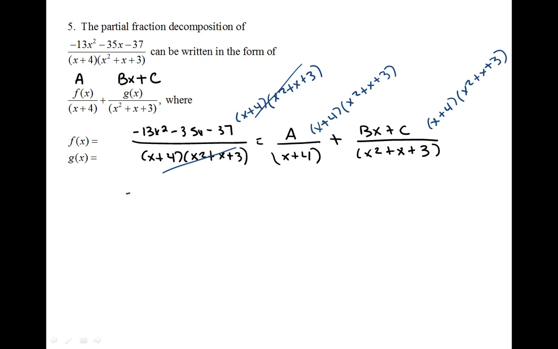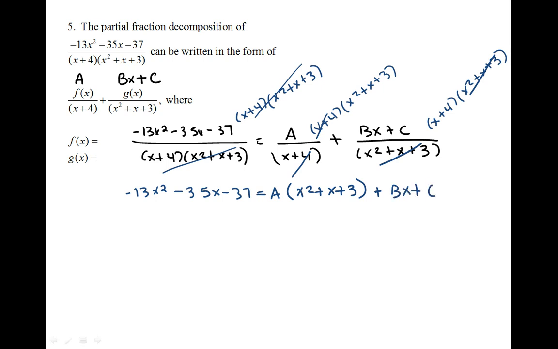You're left with negative 13x squared minus 35x minus 37 equals a times x squared plus x plus 3. That cancels with that, plus bx plus c, which you're going to have to FOIL with x plus 4.